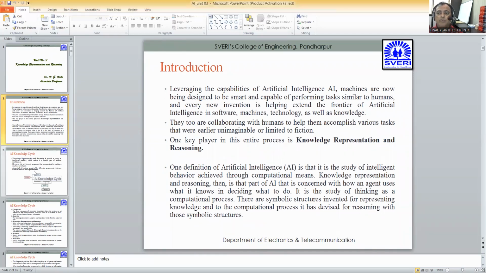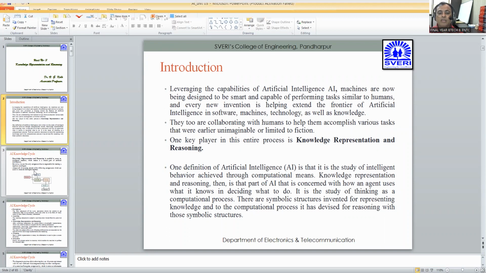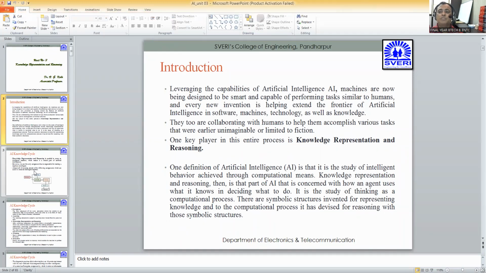Clearly, I want to say that AI is nothing but the study of intelligent behavior achieved through computational means. Knowledge representation and reasoning, which is a part of AI, is concerned with how the agent uses the knowledge to decide what to do.